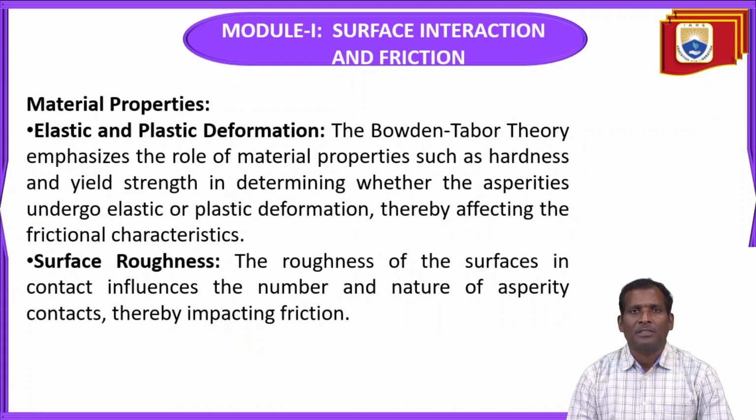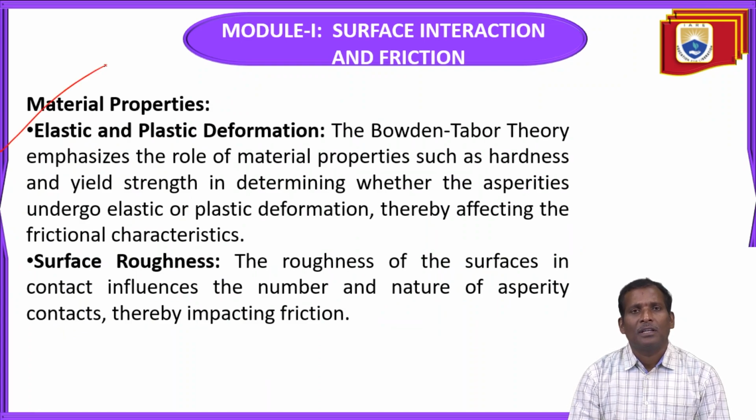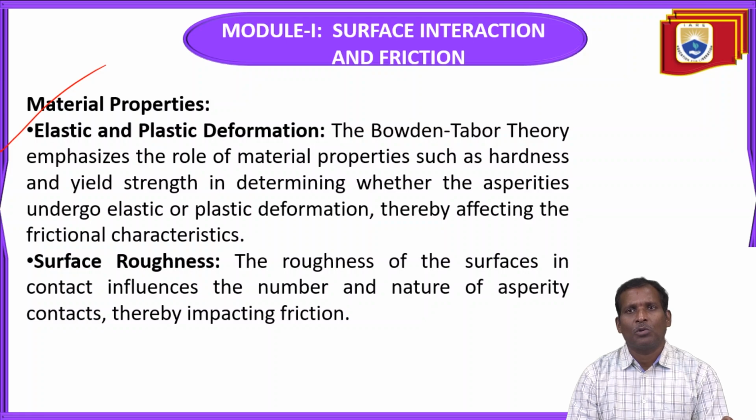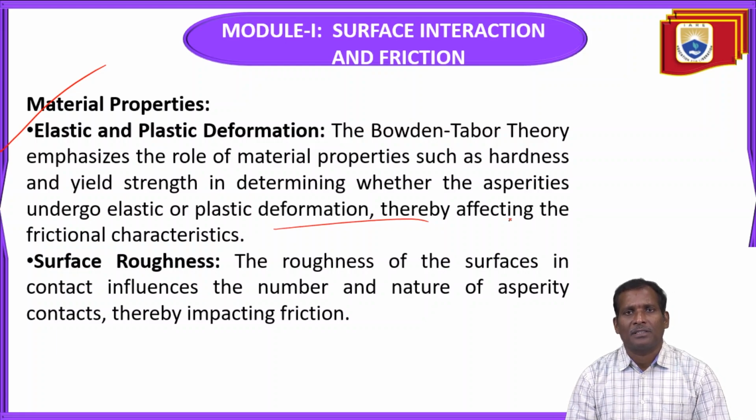Next, material properties, which are very important. Elastic and plastic deformation: the Bowden-Tabor theory emphasizes the role of material properties such as hardness and yield strength in determining whether the asperities undergo elastic or plastic deformation, thereby affecting the frictional characteristics.